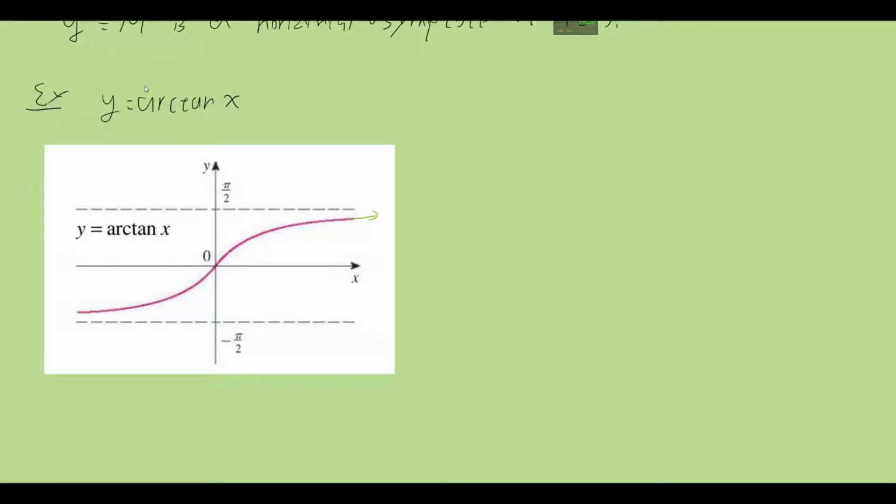So what we can write here is the limit of arctangent of x as x approaches positive infinity is equal to pi over 2. That means y equals this constant pi over 2 is a horizontal asymptote, right? And as we can see here on the graph, this is the dashed line that is the horizontal asymptote.